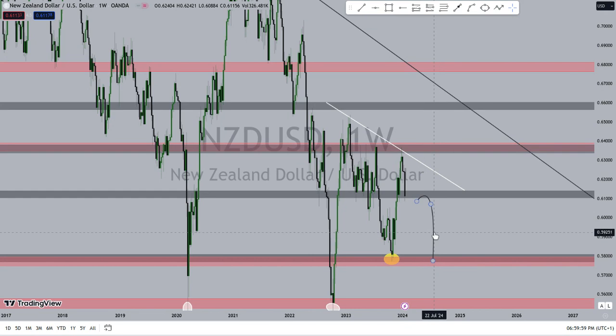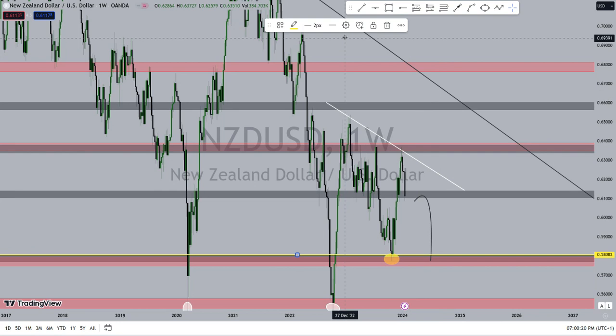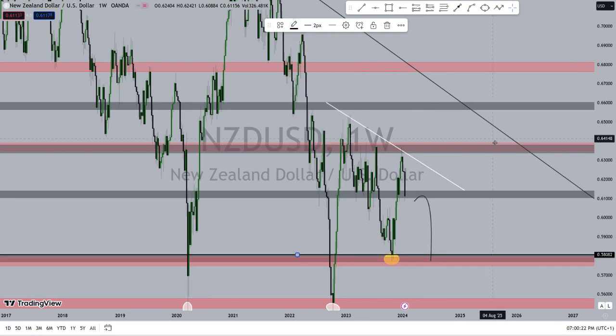Once we can see price come to clear this level, then we should be having something like this, a break and retest on the daily time frame, on the 4 hour time frame, and then we should be looking to sell NZUSD to this level at 0.58082, if I'm correct. 0.5802, that should be like how many pips?